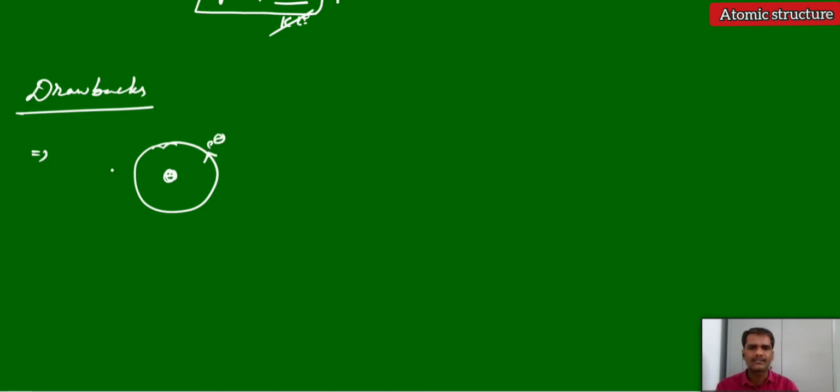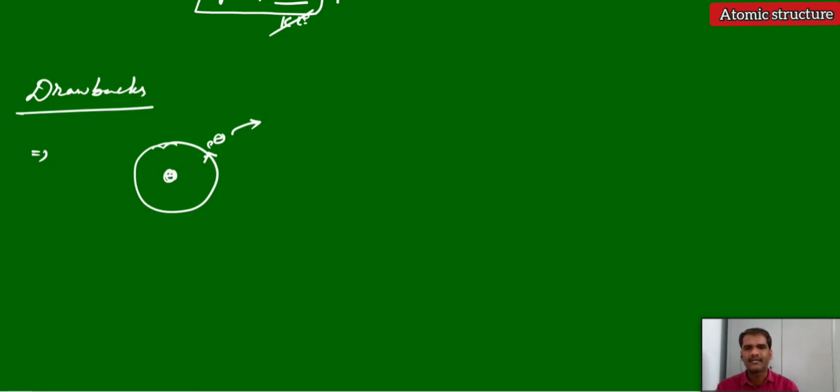But according to classical mechanical theory, when any charged particle revolves around in a circular path with high speed, it emits some radiation. If this electron revolving around this nucleus in a particular circular orbit also emits radiation, then after some time it loses all of its energy.